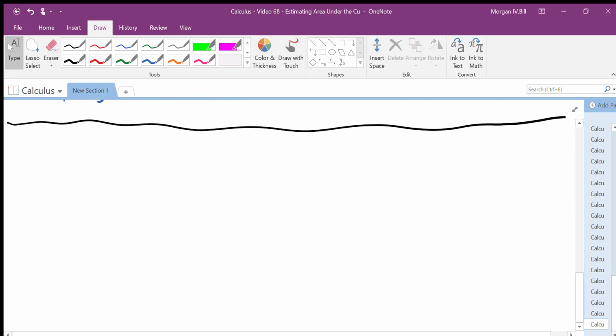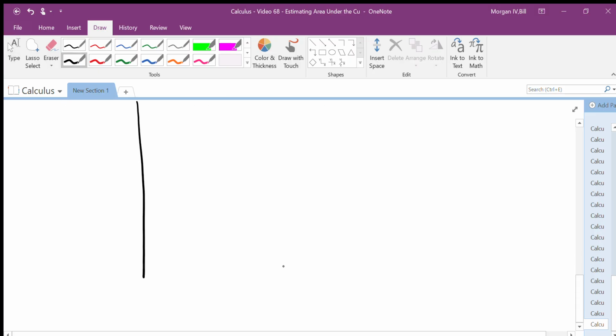I'll try to draw the same picture again, probably not successfully. Again at 0 and say a half, and very much not to scale drawing.